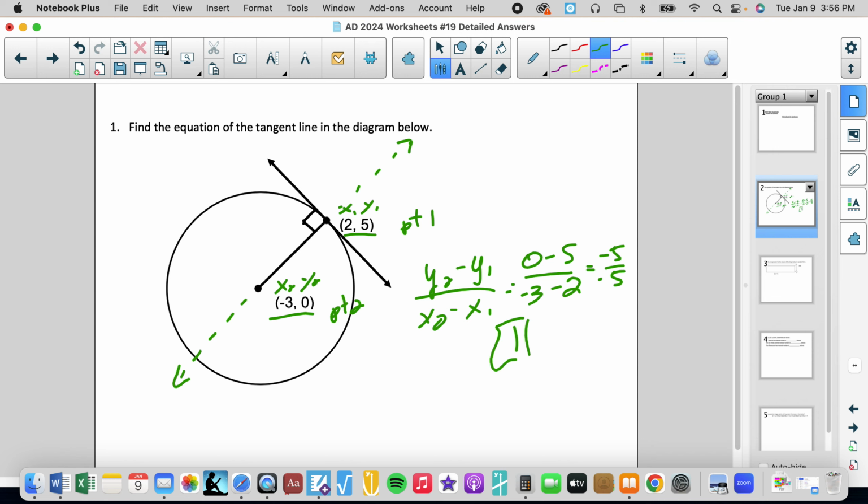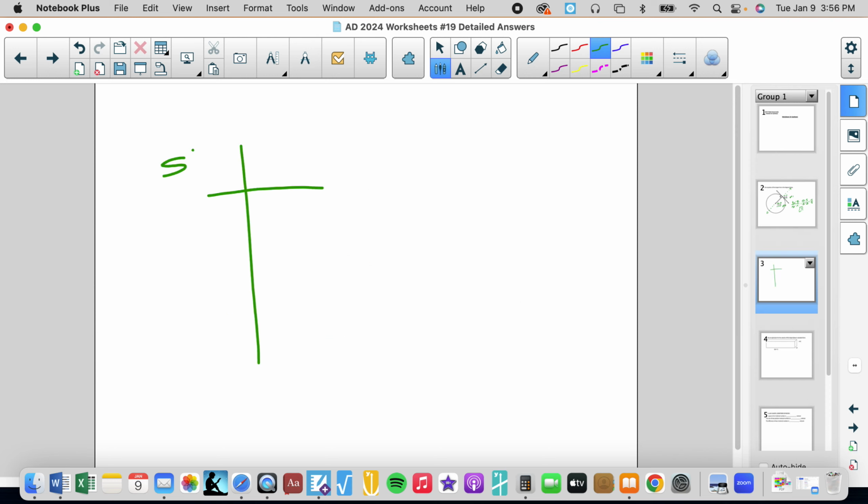Now, we know that all perpendicular lines have a slope that is the opposite reciprocal. So for instance, if the slope was 3/4, the perpendicular slope would be the reciprocal and the negative of it, so it would be negative 4/3.